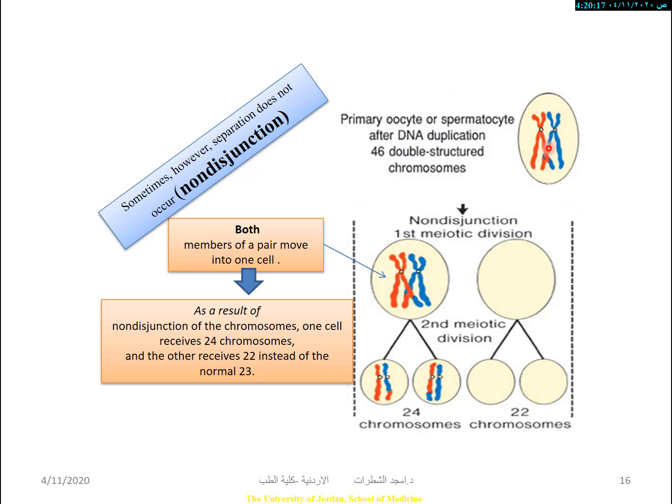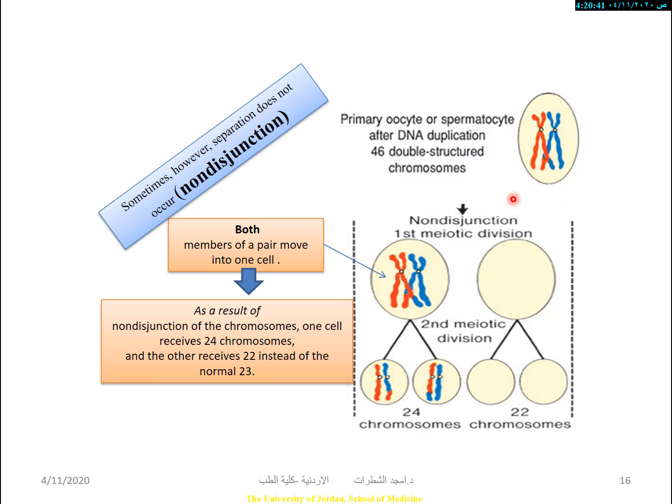Sometimes the crossing would not take, and separation does not occur: non-disjunction. We cannot separate these chromosomes from each other during meiosis 1 or meiosis 2. This could happen commonly in females, and less commonly, of course, in males.